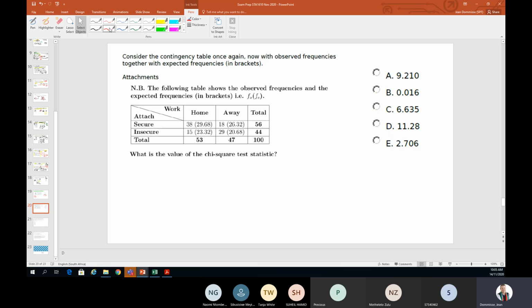I am again going to say you need to work out the observed minus the expected, squared, divided by the expected.